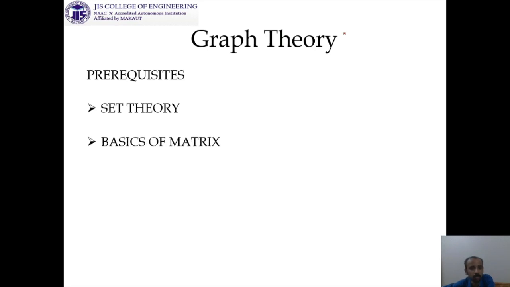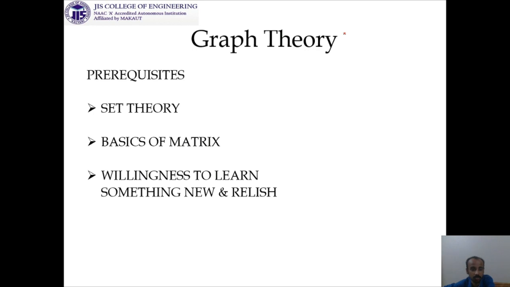After that we need some basics of matrices. What are the various types of matrix? What is basically a matrix? How can we relate it as a function? And also, what are the applications of matrices? And most importantly, the prerequisite is willingness to learn something new and relish.